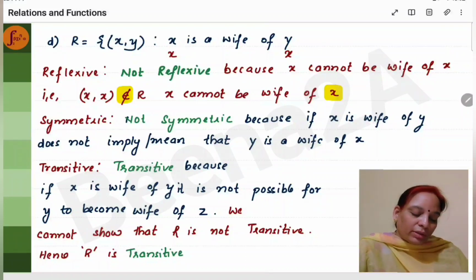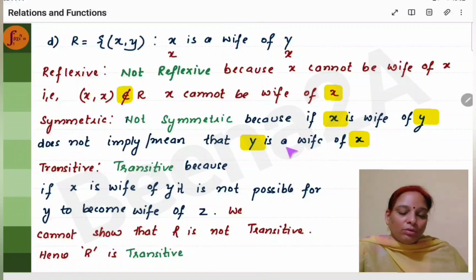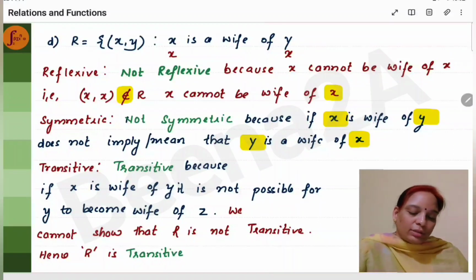Now symmetric. In symmetric, what should happen? x and y, if x is a wife of y, then is y the wife of x? You have to reverse it. If x is the wife of y, is y the wife of x? No, that's not true. If x is wife of y, then y is husband of x.